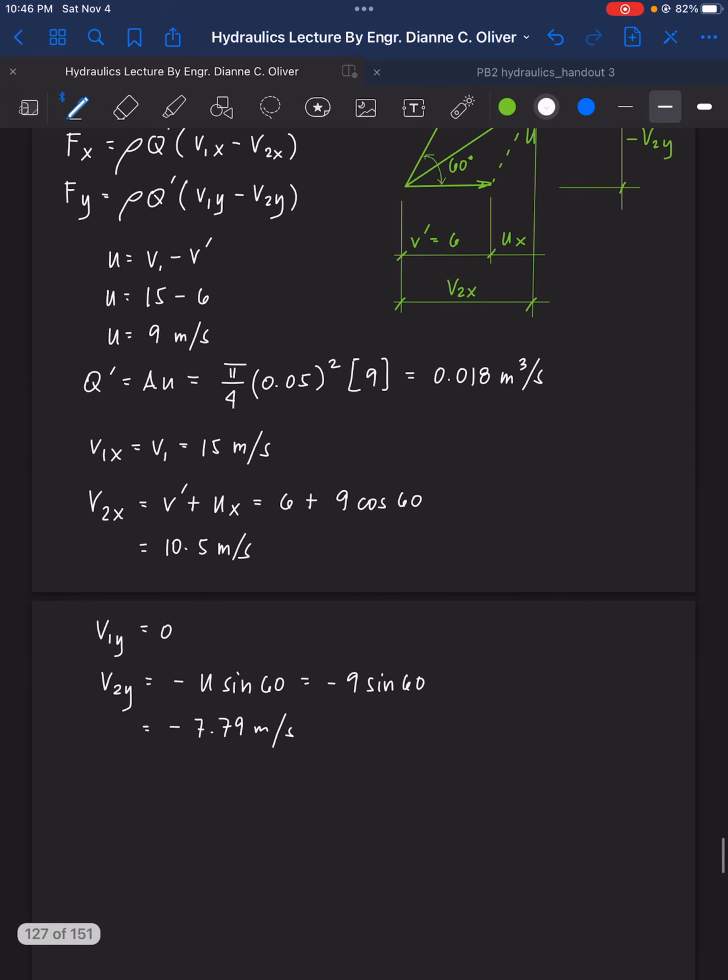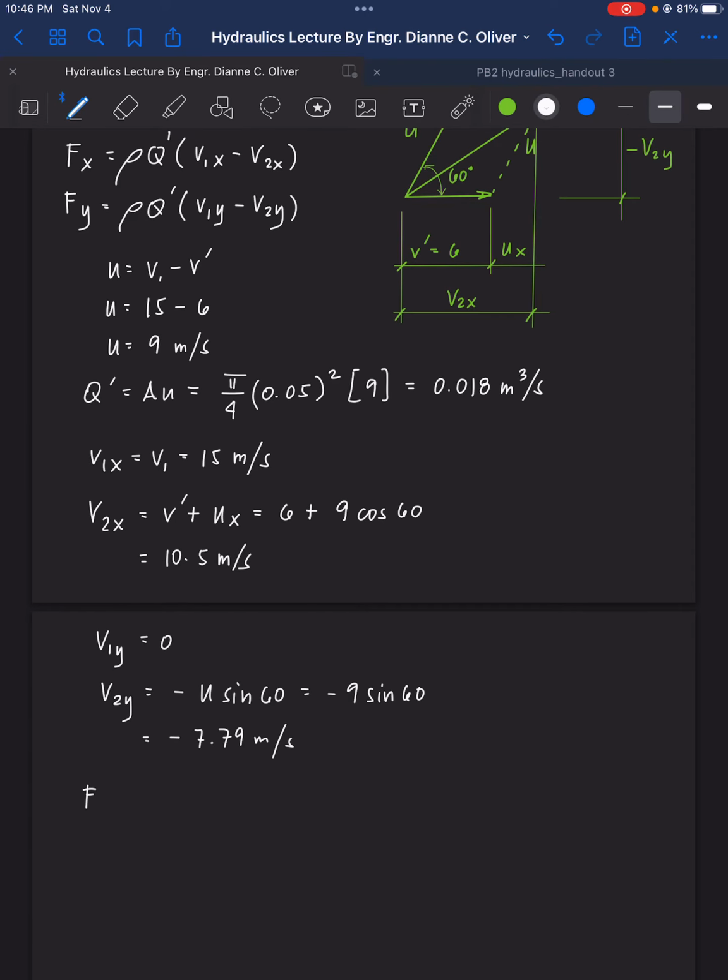So we can now substitute all these for Fx. So rho, the density, is equal to 1000 times the Q prime, which is 0.018, times V1x, which is 15, minus the V2x. V2x is 10.5.